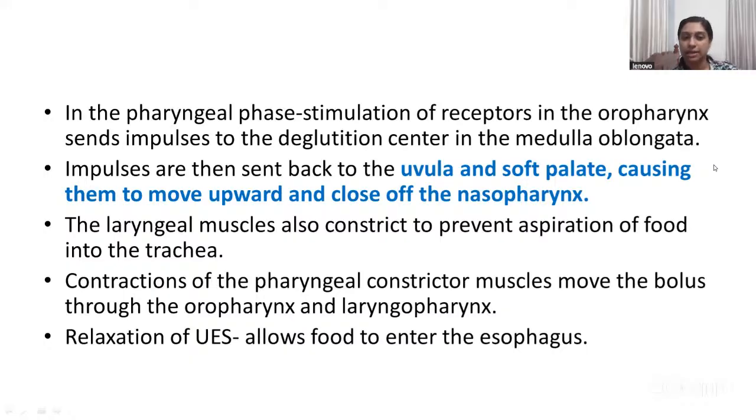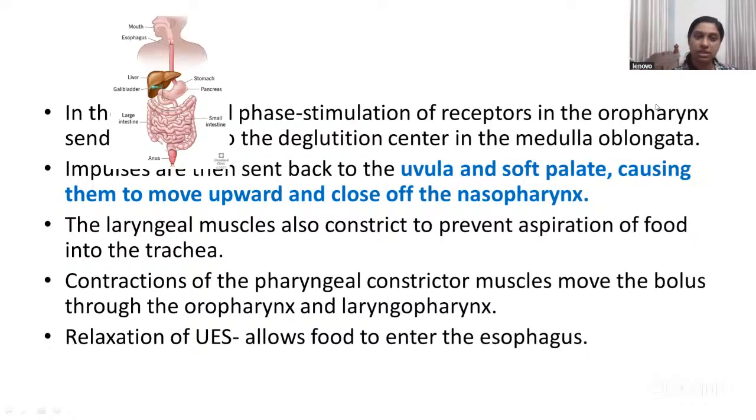Okay. And the laryngeal muscles also constrict to prevent aspiration of food into the trachea. The contractions of the pharyngeal constrictor muscles move the food bolus through the oropharynx and laryngopharynx. And also the upper esophageal sphincter relaxation allows the food to enter the esophagus. Okay.